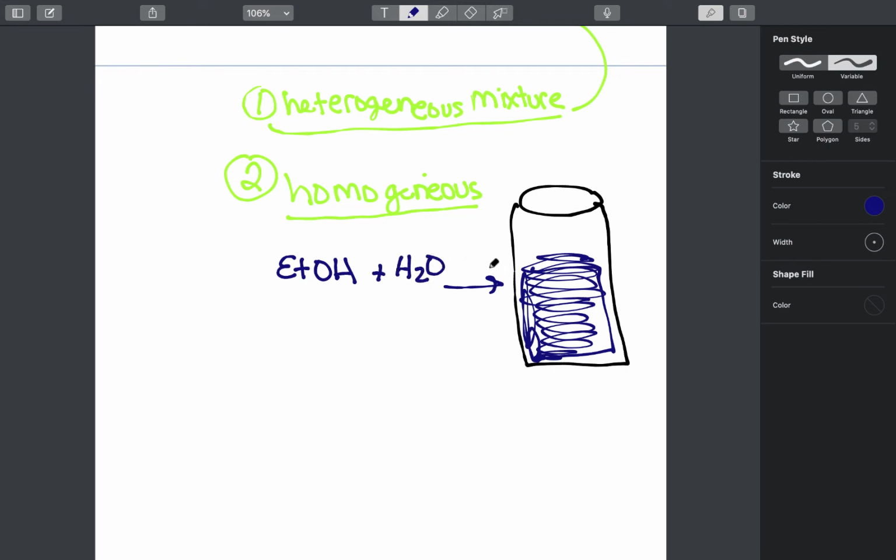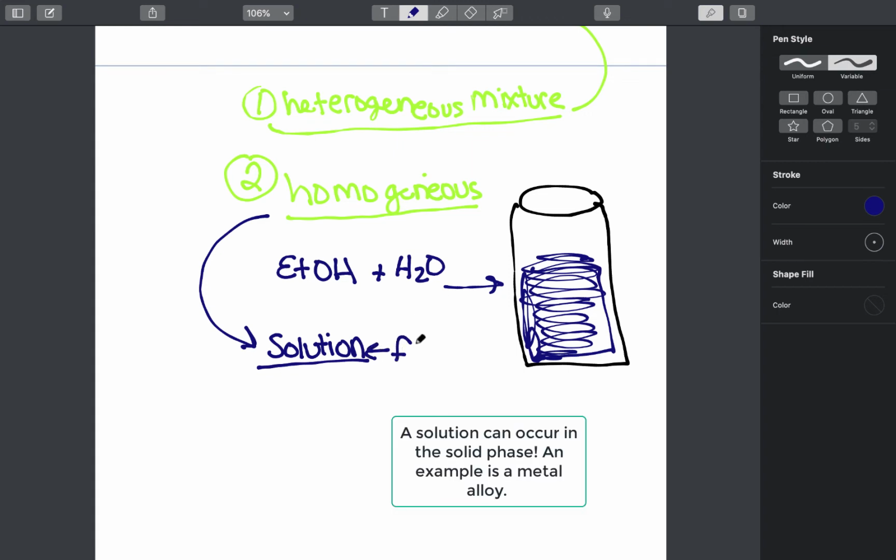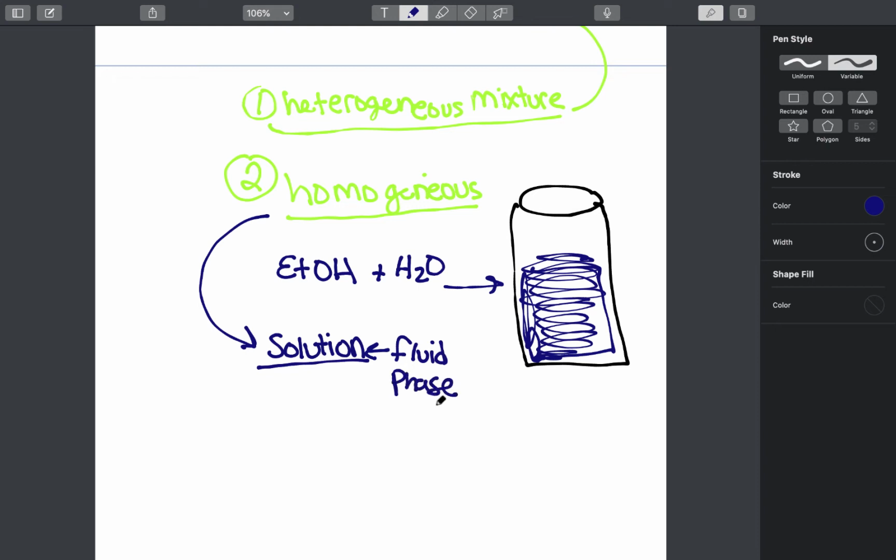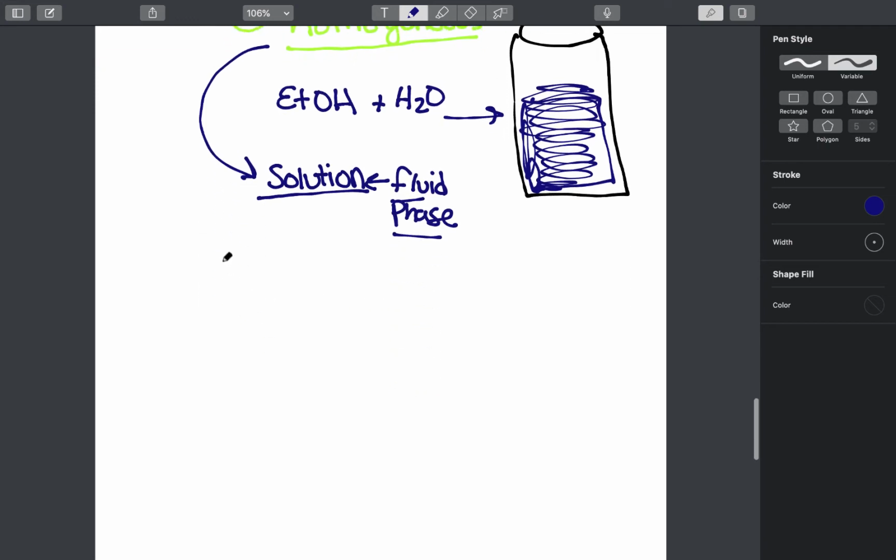Another name for a homogeneous mixture is a solution when it is in the fluid phase. A homogeneous mixture in the fluid phase is called a solution. And fluid actually does not just mean liquid.